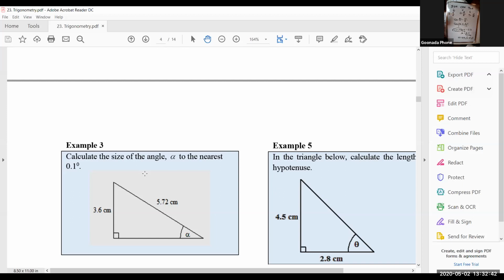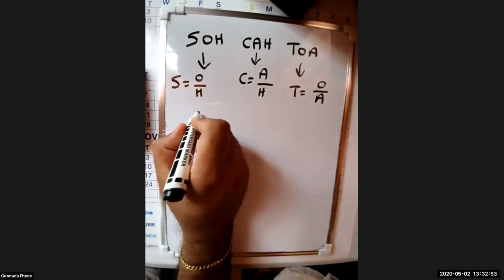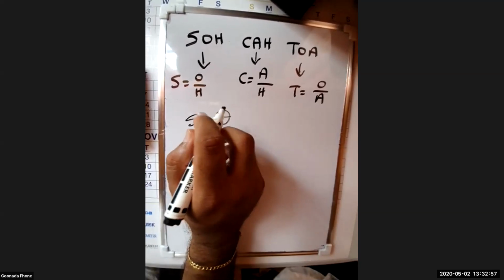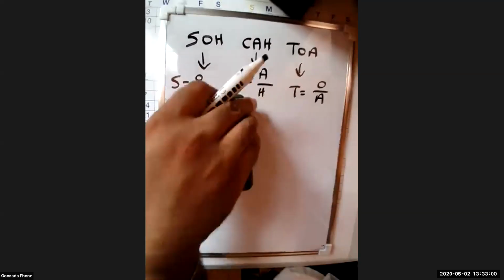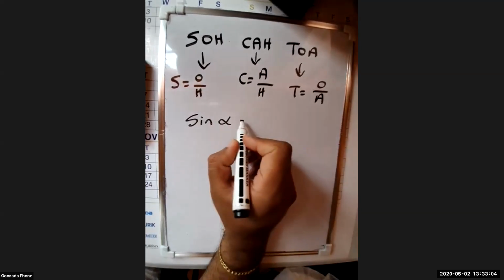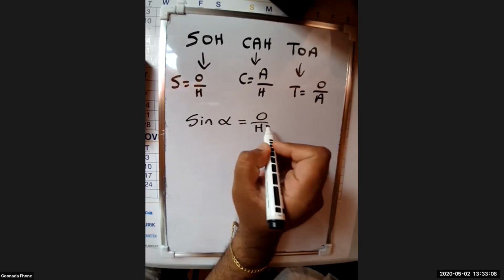So let me do this one for you all, because I know some people will be confused, right? So we're using sine theta. We don't know what theta is, right? Actually, we do. They tell us theta is alpha, but we don't know what alpha is. Sine alpha is equal to opposite over hypotenuse.